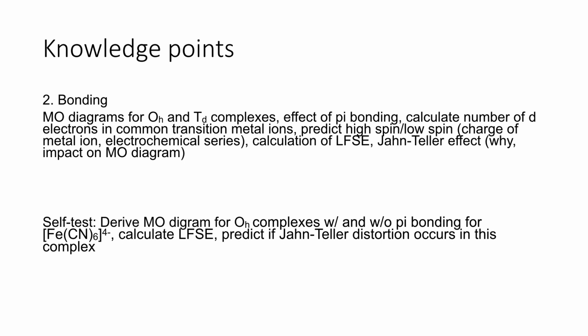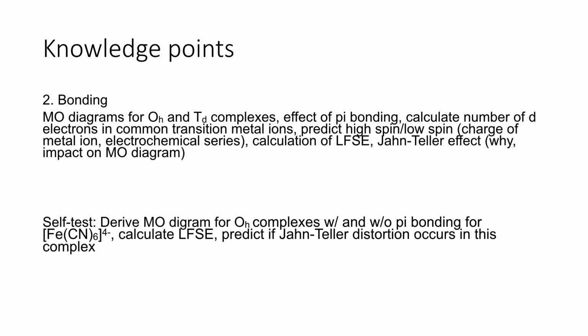You take its column number and subtract the number of positive charges on the metal ion. Once you have done that, you should also predict, based on the nature of the metal ion and the nature of the ligand, whether the complex is likely high spin or low spin, and based on that prediction fill in the electrons in the correct way.